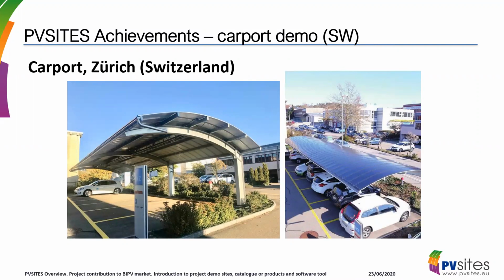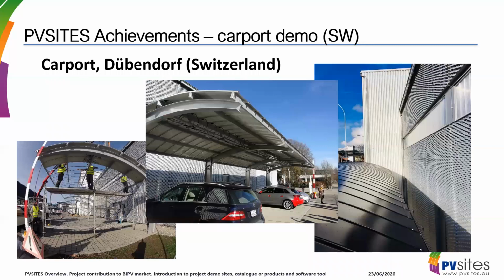The PV element is a CIES flexible element, so as you see, we can achieve these curved surfaces. Also very interesting. In this case, the electricity is used to help charge the electrical vehicles that are behind the carport. This is another example of a carport, this one in Dubendorf, also in Switzerland.